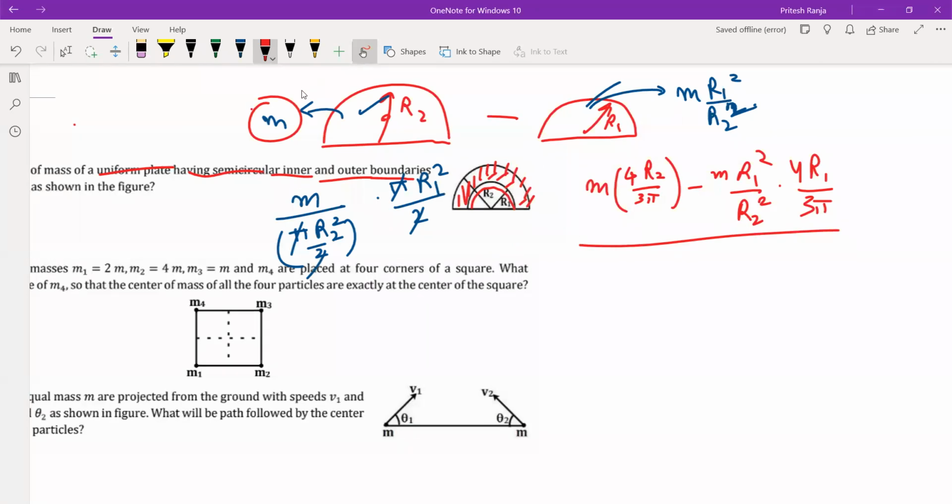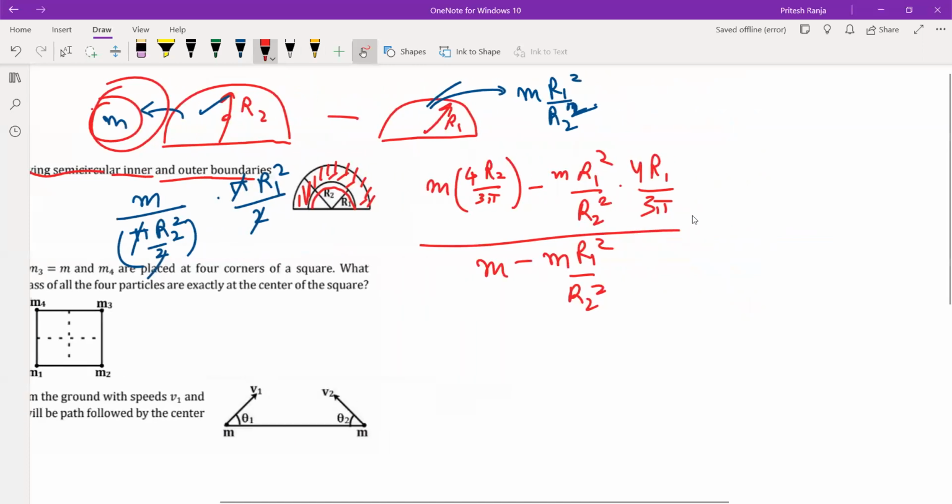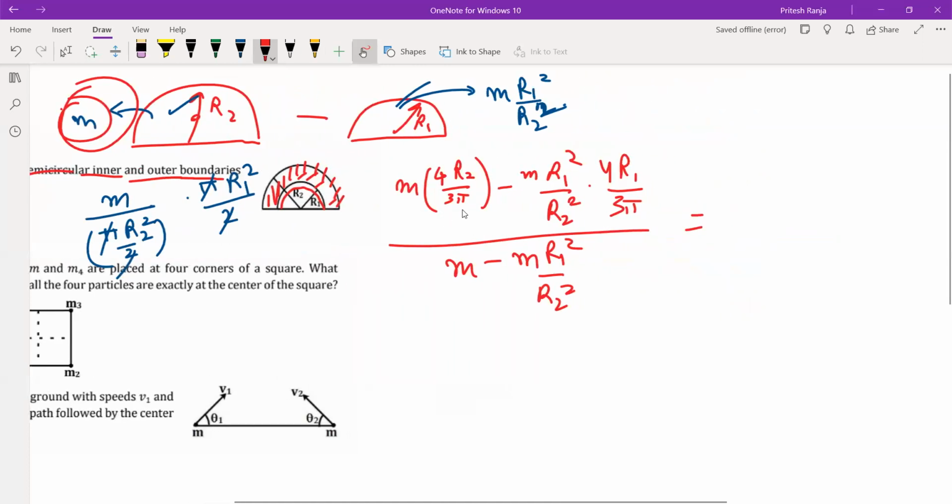Why difference of mass? Because from this mass you are removing this mass, so total mass of course, yes. So m minus m r1 square by r2 square. So after simplifying you're gonna get the result. So let's check. पहले तो m हट गया यहाँ से. So you get 4 r2 by 3 pi.